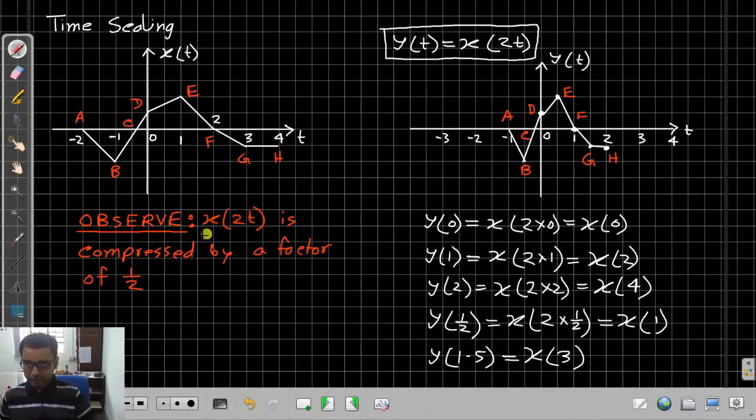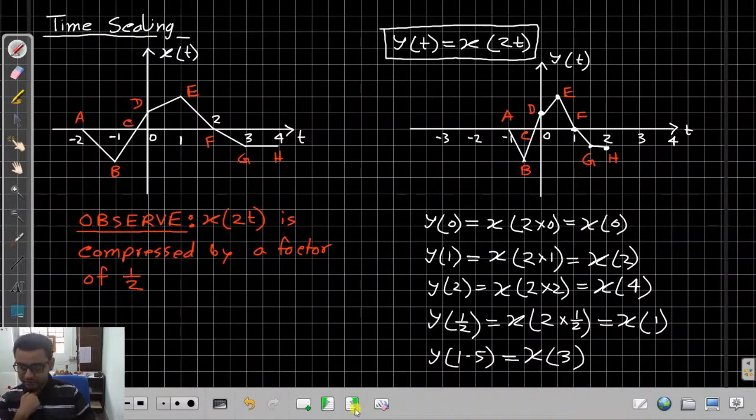Therefore x of 2t is compressed horizontally, that means along the time axis, by a factor of half, and this process is called time scaling.